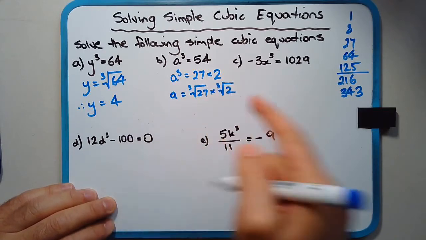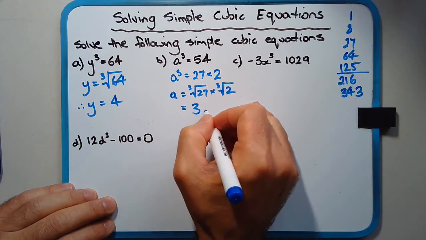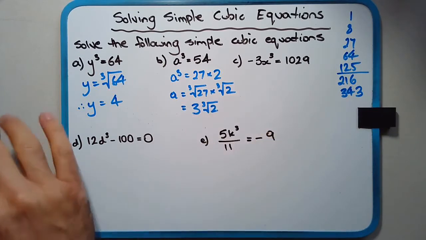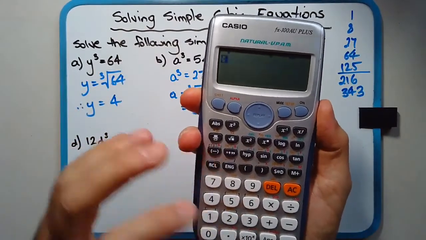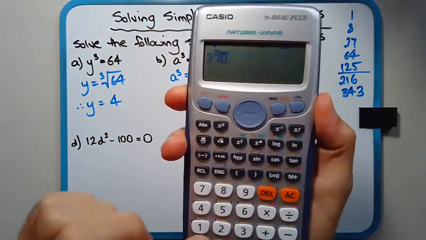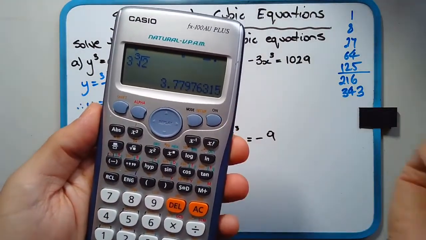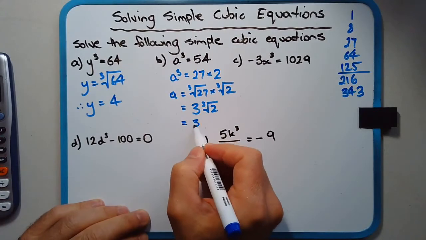Now the cube root of 27 is just 3, so we would write that as 3 cube root of 2. Putting that in your calculator if you wanted a decimal approximation, 3 times cube root of 2 is 3.779, or 3.78 to 2 decimal places.